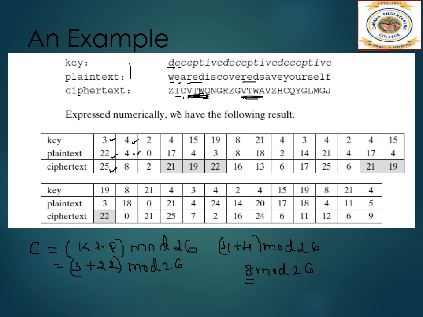Thus, we can use the known frequency characteristics of the plain text to attack each of the monoalphabetic ciphers separately. So the periodic nature of the keyword can be eliminated by using a non-repeating keyword that is as long as the message itself. We will see that in the next example.